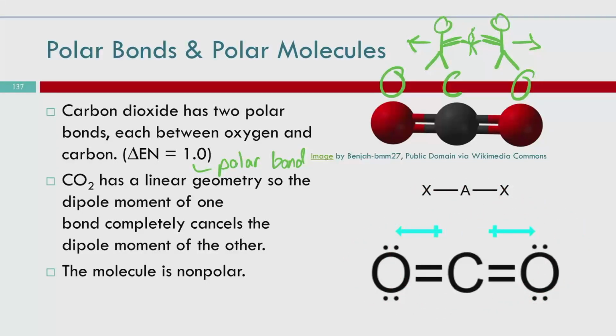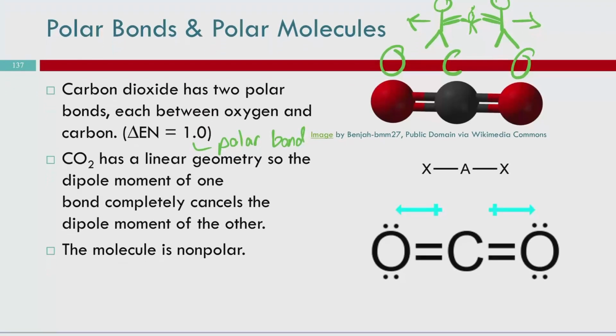So because it's linear and they're pulling in completely opposite directions, the difference in electronegativity cancels out across the entire molecule. And we represent the direction that's being pulled with these funny looking arrows. And they look like that because one side is a plus. So these are the positive sides, and then the other side is the negative side.